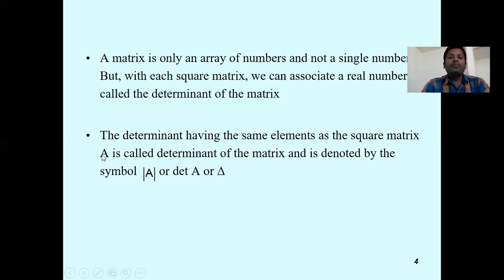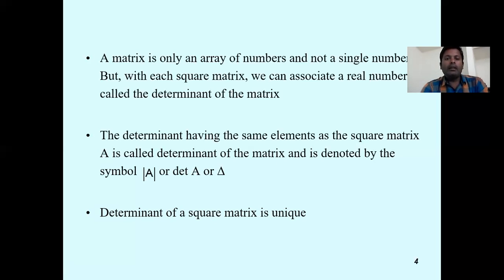The determinant of a square matrix is unique.